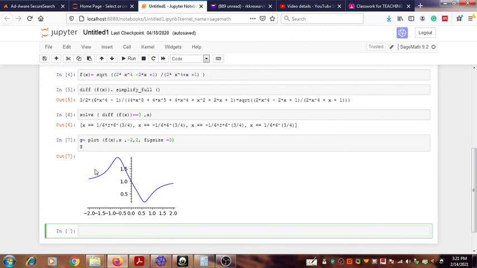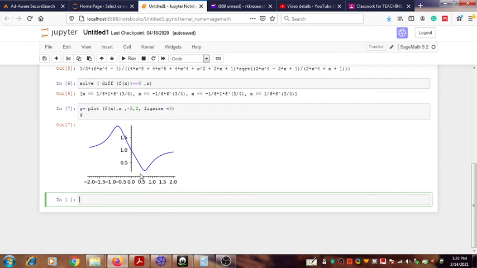Now you can see, due to this peak position and this lowest position, at this point you can draw a tangent. Actually you can draw tangents at every point on the curve, but the tangent at this point will be parallel to the x-axis, so it is a horizontal tangent.